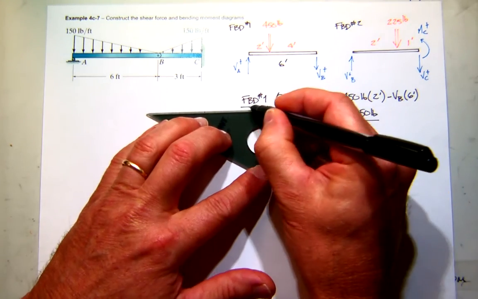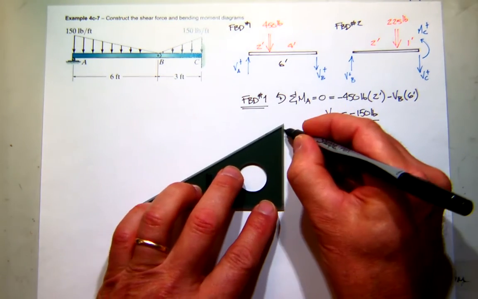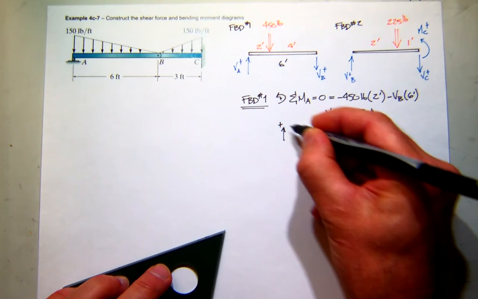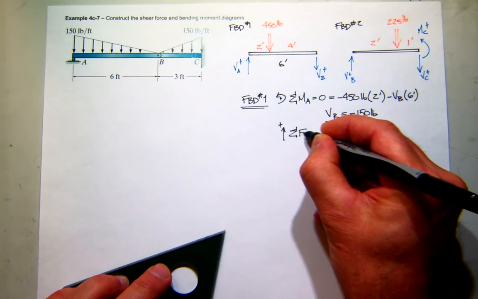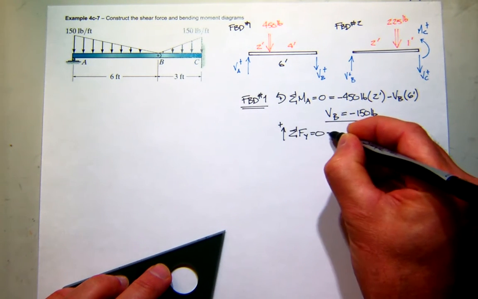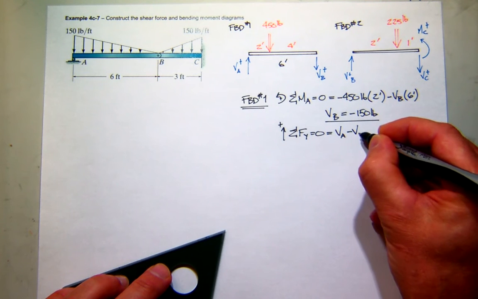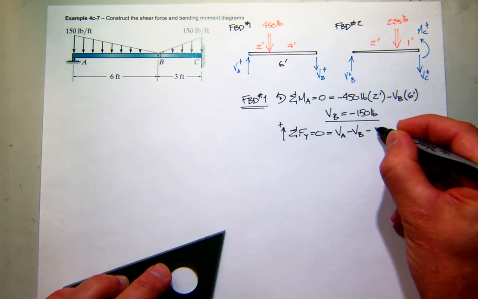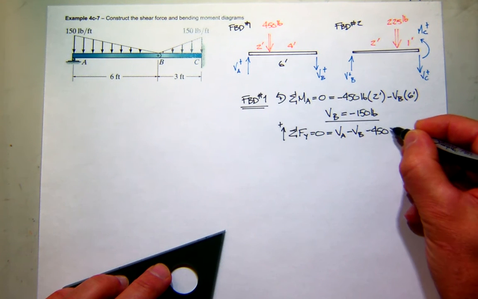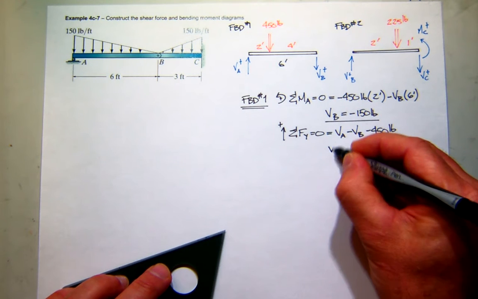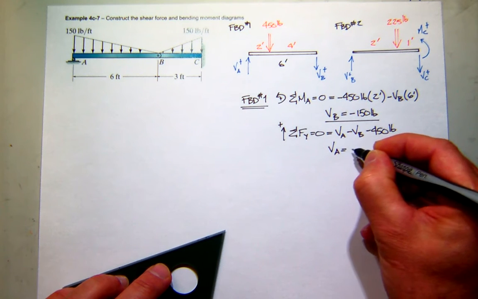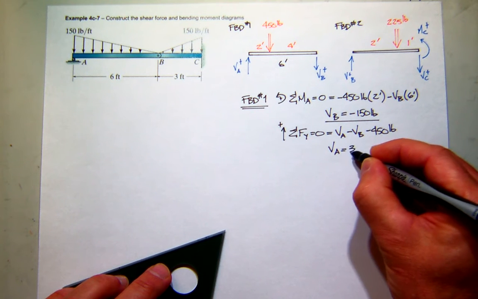Also staying at free body diagram 1, I can sum my forces in the y direction, and I have shear A acting up, shear at B acting down, and my 450-pound force acting down. So the shear at A is positive 300.